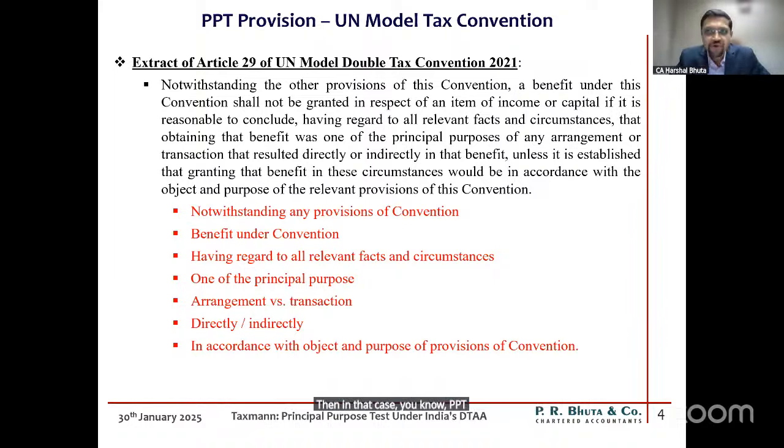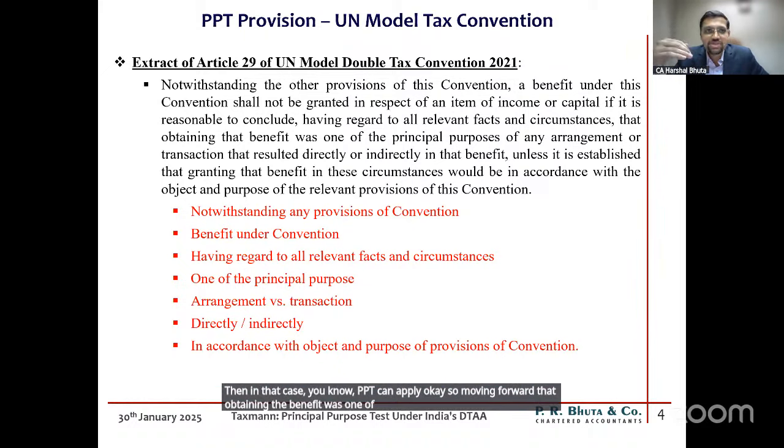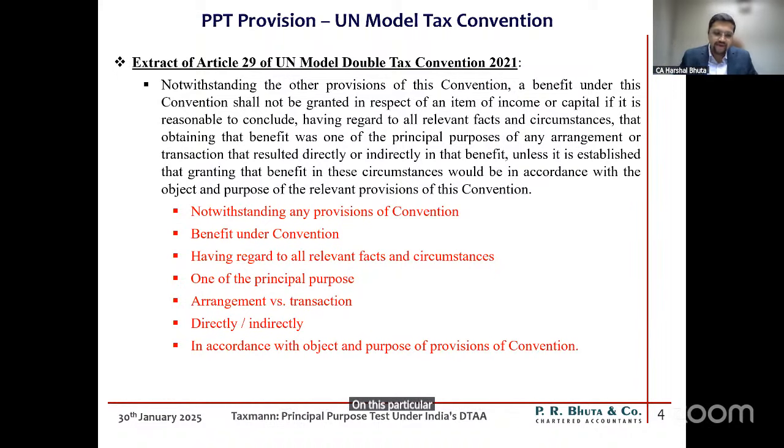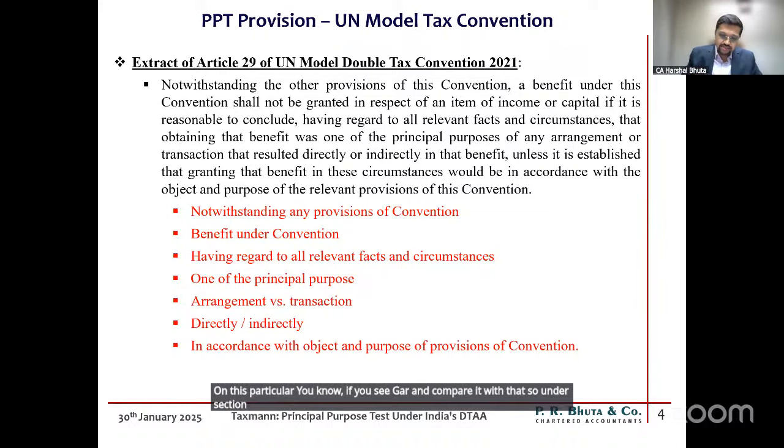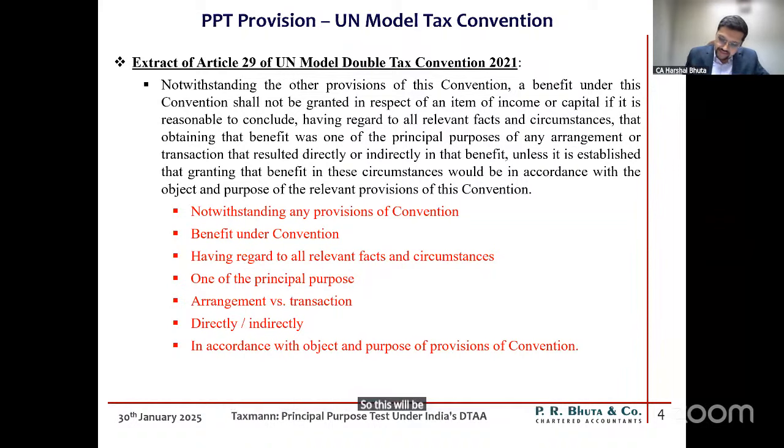So moving forward, that obtaining the benefit was one of the principal purposes of an arrangement or transaction. So principal purpose of what? It has to be an arrangement or transaction. If you compare it with GAAR, under Section 96, it talks about an impermissible avoidance arrangement.